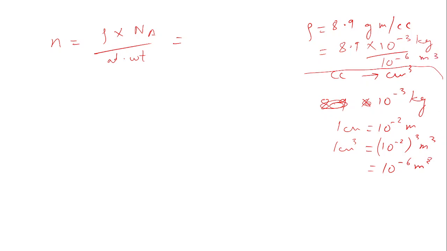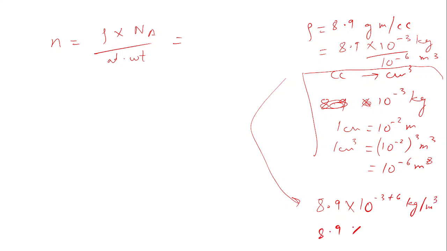I can write it as 8.9 times 10 to the power minus 3 plus 6 kg per meter cube. 6 minus 3 is 3. So 8.9 times 10 to the power 3 kg per meter cube. Okay, finally, this is the density.